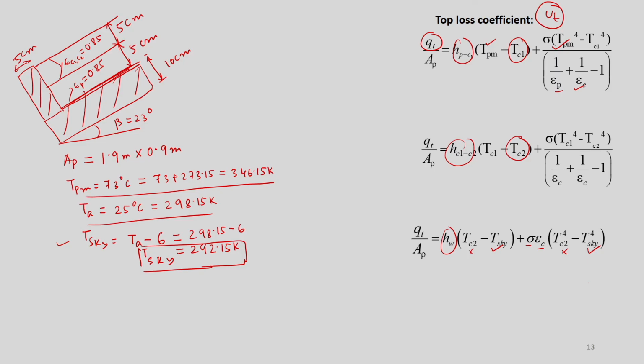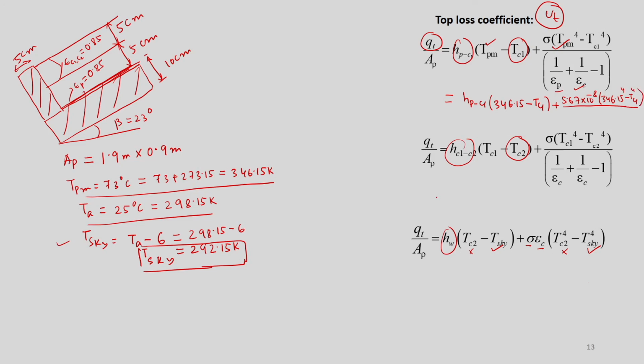So, let us proceed with the given data. So, what we can write here? HPC1, then we have TPM. What is TPM? 346.15 minus TC1 plus sigma value is known to us 5.67 into 10 to the power of minus 8, then TPM is 346.15 to the power of 4 minus TC1 to the power of 4.